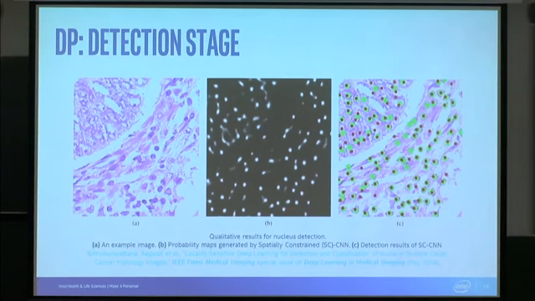So here you see the image from this study. This is the detection study, and here A is the original image. Here are the probability maps generated, and here we can see the ground truths being these green regions and predicted nuclei in red.